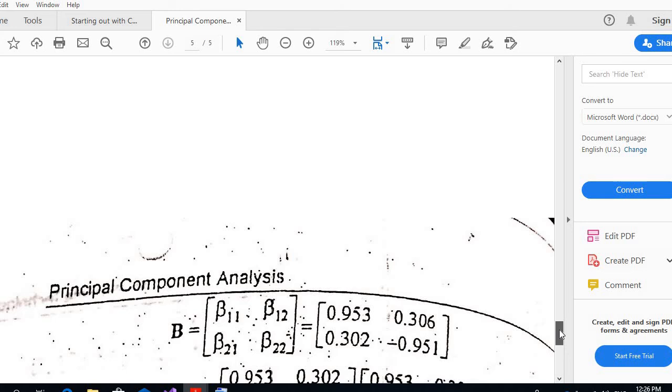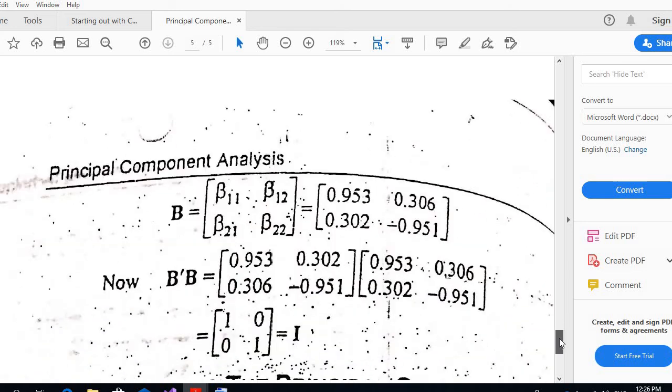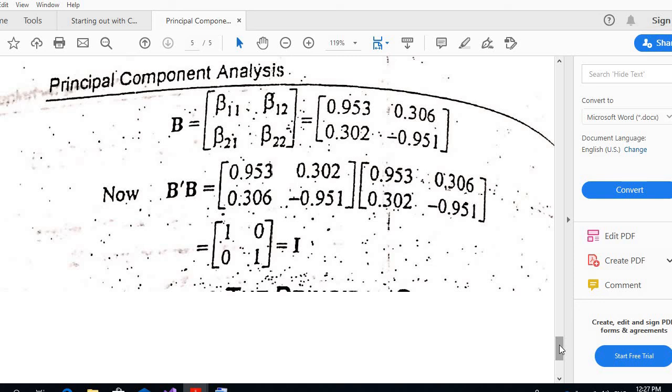Now, beta transpose into beta is equal to 0.953, 0.302, 0.306 and minus 0.951. Multiplying by the transpose of this matrix, we have the identity matrix 1, 0, 0, 1. So beta transpose into beta is equal to I.